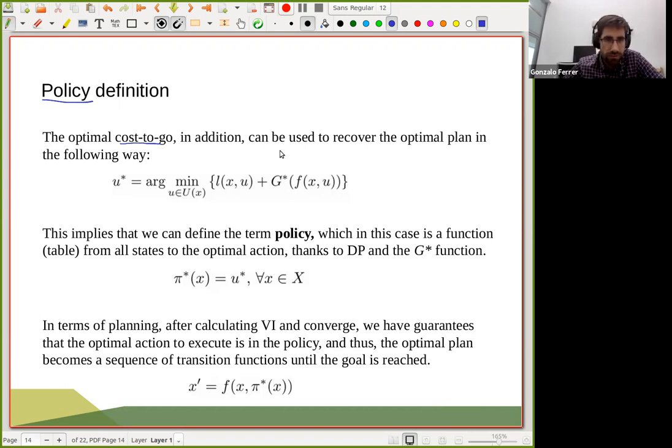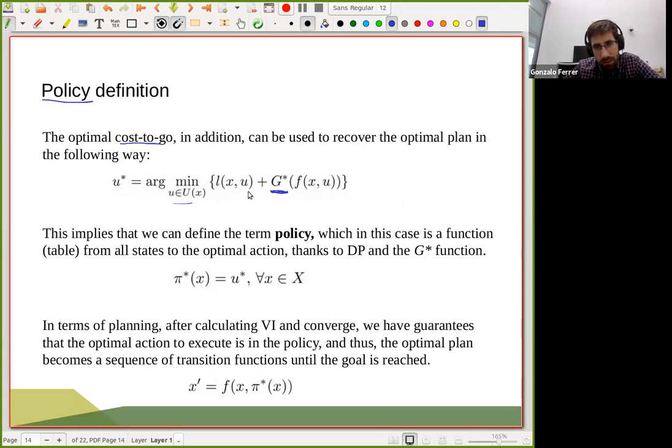Do we really need to save parents, or maybe with this function we can still calculate the optimal action? Indeed we can. We just need to minimize this equation, where we have a function that has already converged and is not going to change, analyzing all possible actions that could be applied.